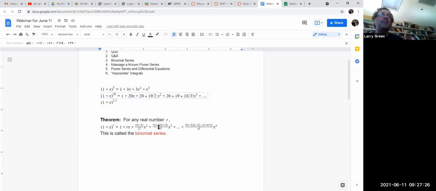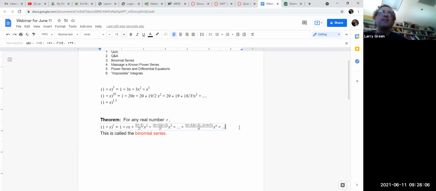And then you have r times (r - 1) times (r - 2) over 3 factorial, and that's kind of like 20 times 19 times 18 over 3 factorial. Do you see the similarity? Times x cubed, and then plus dot, dot, dot, and then it says r times (r - 1) times (r - 2) times dot, dot, dot times (r - n + 1) over n factorial times x to the n, and then plus dot, dot, dot.